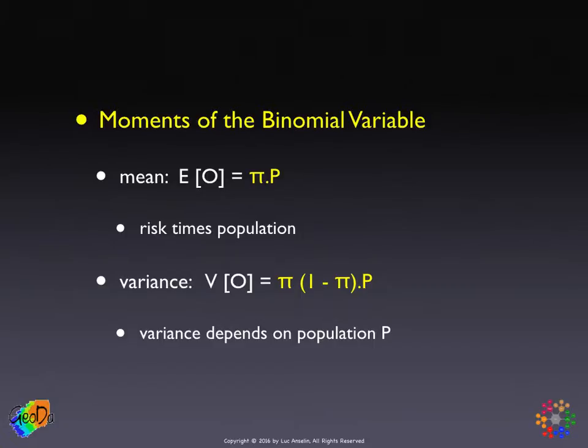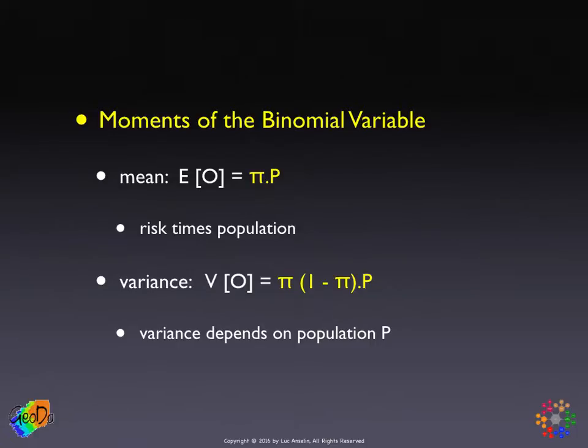And then the variance, again using the properties of the binomial random variable, the variance is the probability pi times its complement, 1 minus pi, times the sample size or the population at risk. So right off the bat, we see that the variance is going to depend on the population. The variance of the number of events depends on the population.